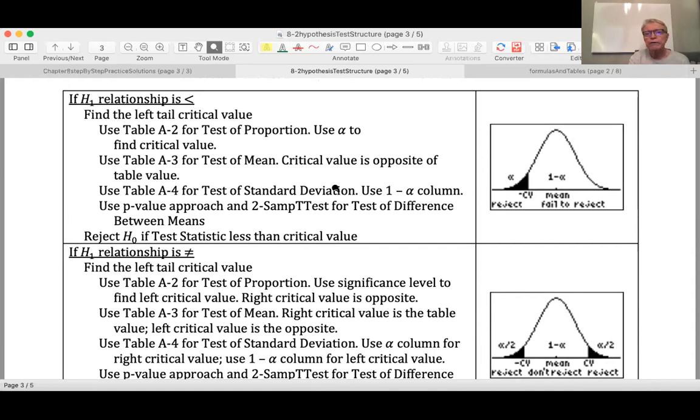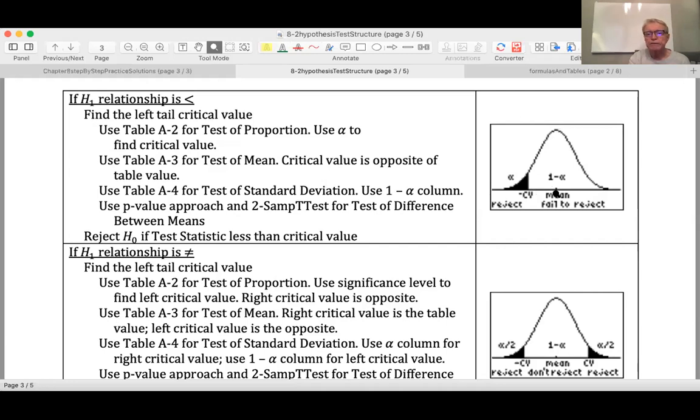And what we're going to do is draw a little sketch. And that sketch is going to have a horizontal line. And that line is values of the test statistic. If we're talking about a test of proportion, that would be values of Z. And the mean of Z would be in the middle here, 0.